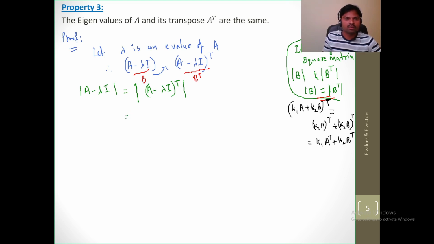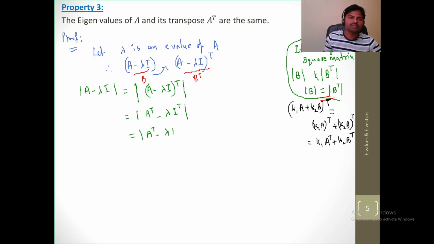So now this is equivalent to the determinant of, inside, k1 into A, where k1 is 1, minus lambda, which plays the role of k2, and instead of B you have the identity matrix. Applying the same property, we get A transpose minus lambda times I transpose, which is again the identity matrix.